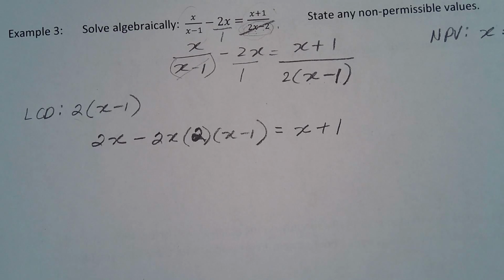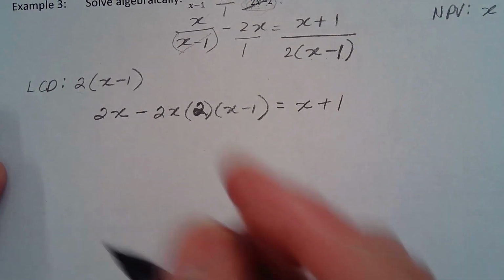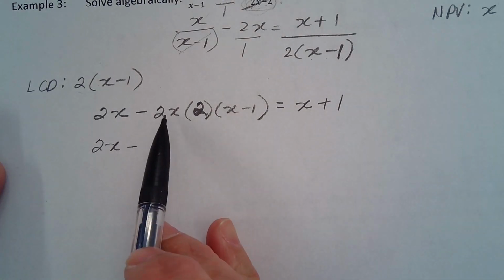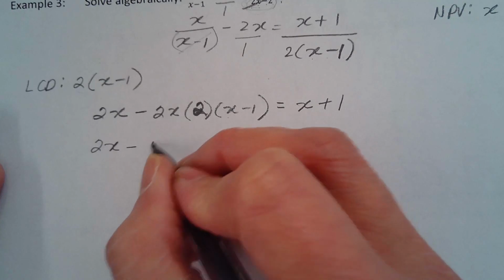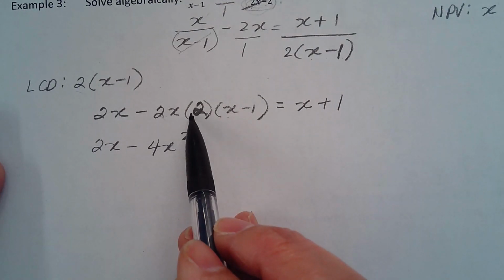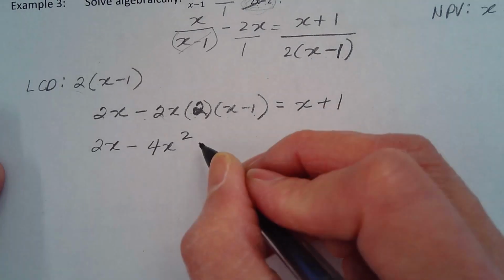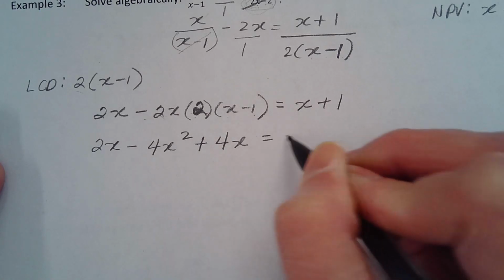Everyone okay? Please stop me if you don't agree with me. Okay, so let's clean this thing up. I'm going to get 2x minus, this is going to be 4x times x, which is negative 4x squared. And then negative 4x times negative 1 is a positive 4x equals x plus 1.